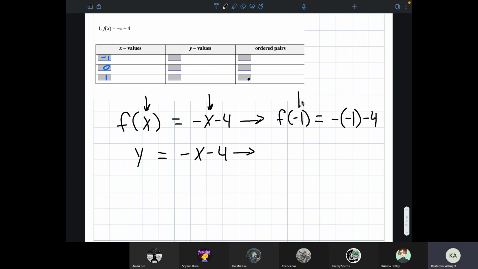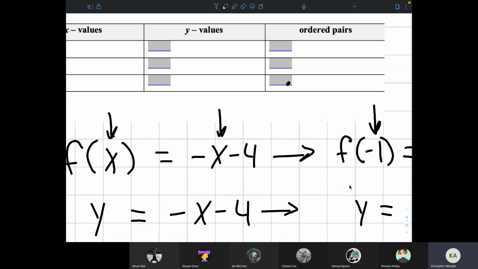All I did was take this -1 and put it everywhere that there was an x. So what we get over here is y equals -1 minus 4. Same thing right here, just a slightly different way of writing it. So we work it out, and we're going to get +1 minus 4, or -3. So in our y value right here, we're just going to put -3.